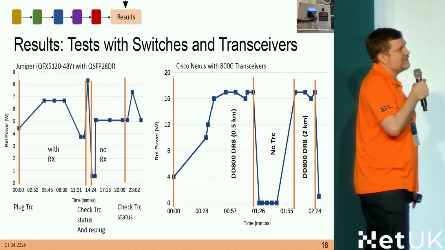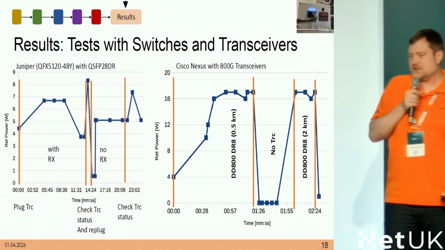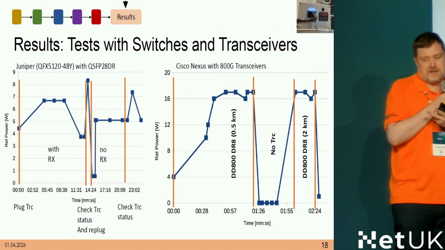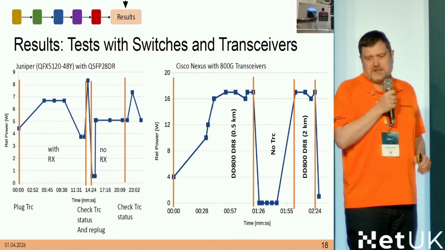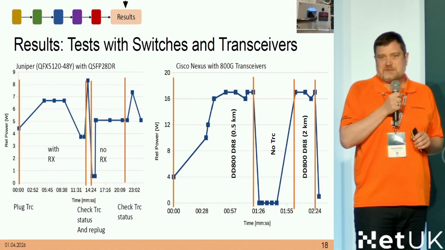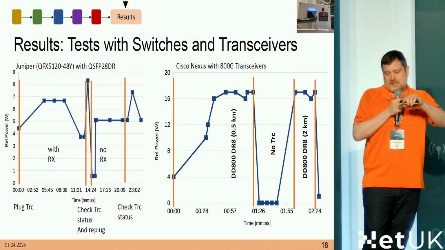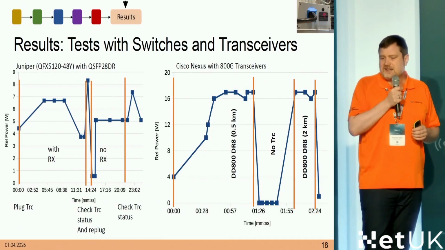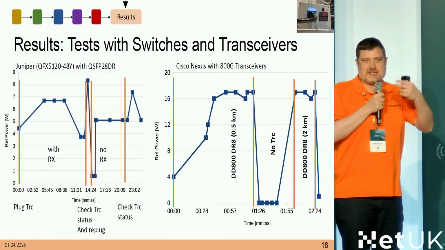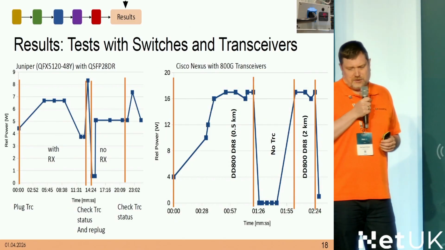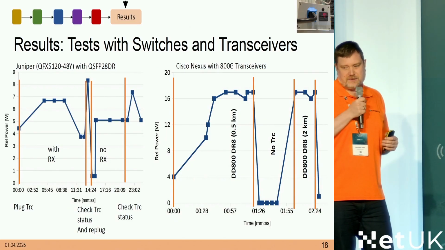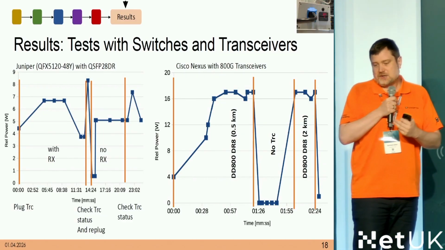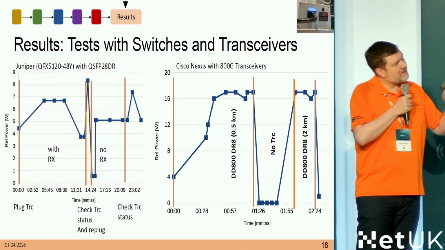Anyway, here are some tests with our switches I presented in the first slides. I have many of these graphs, but I find these to be the most interesting ones. With the Juniper, where RX means the jumper cable is connected again, I wanted to observe what happens, because this switch, as soon as you plug in the 100G transceiver, automatically brings up a link, which is interesting to observe. With the relative power, I was measuring the total power consumption of the switch with only one transceiver plugged in.